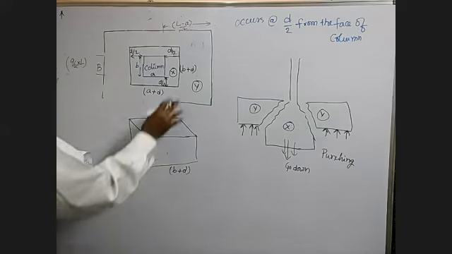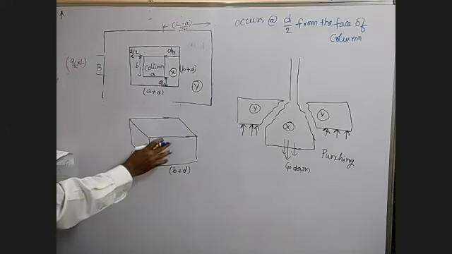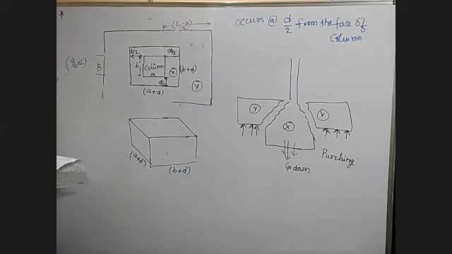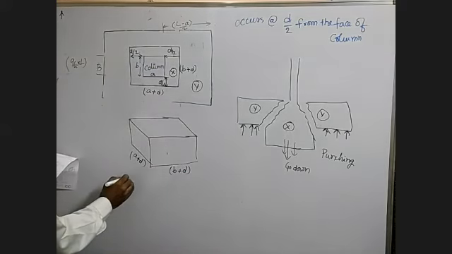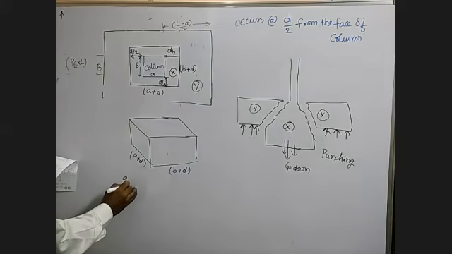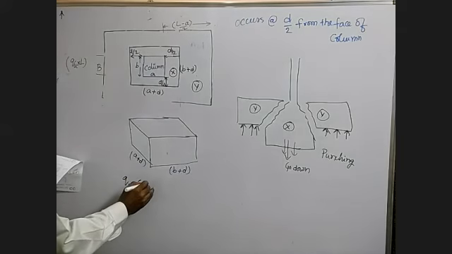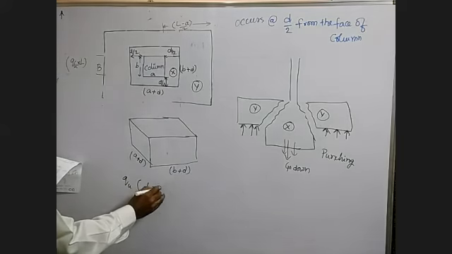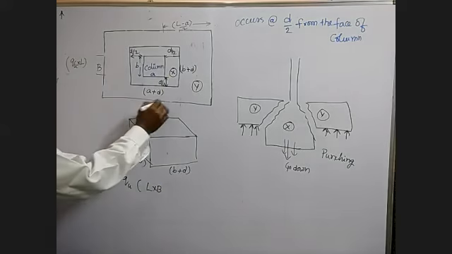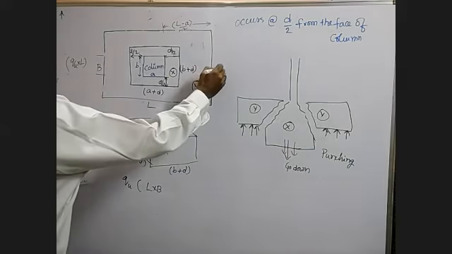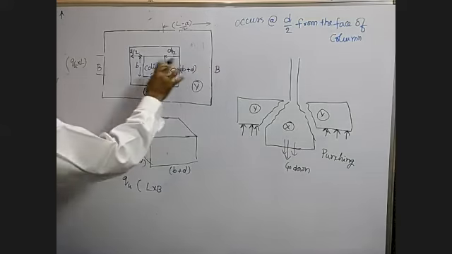So let us take this part, a plus d, b plus d. Now here the formula is Qu into L into B. L into B is the total area, and from this L into B we subtract this part.